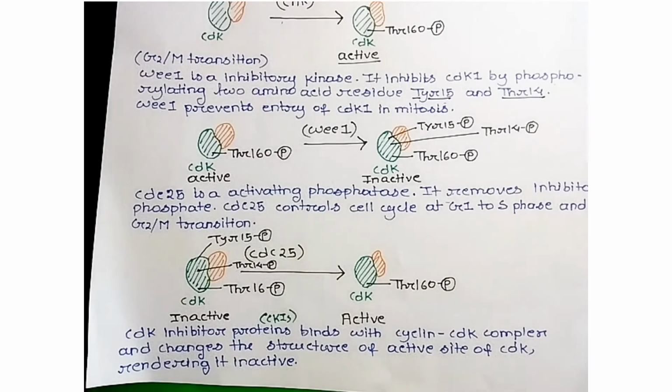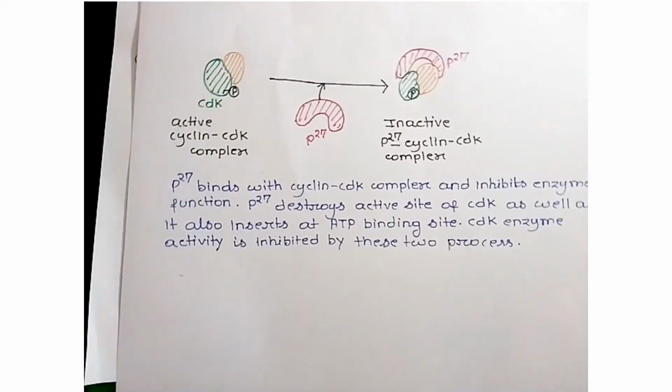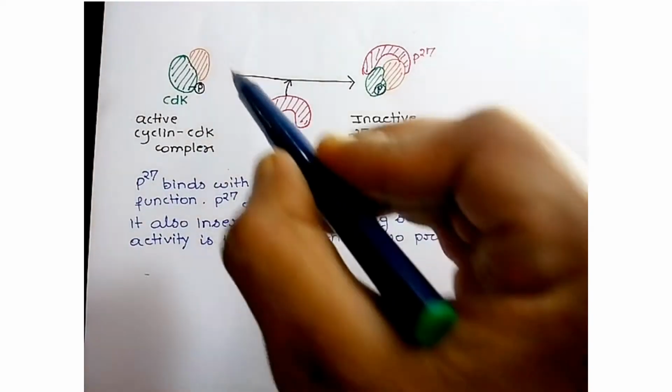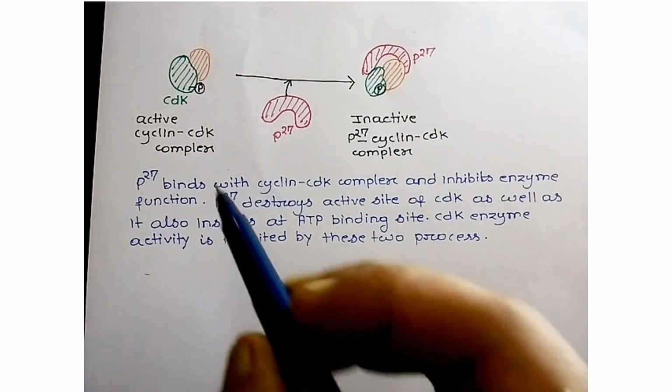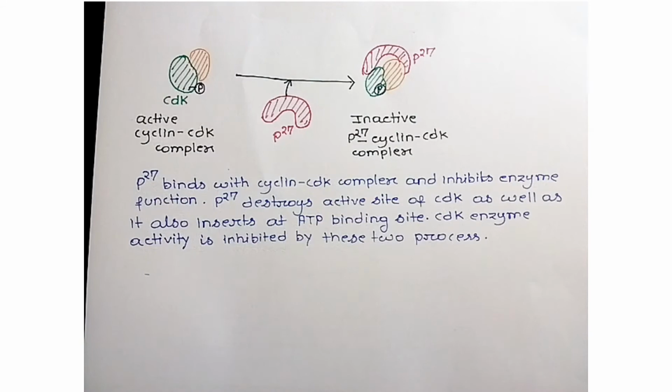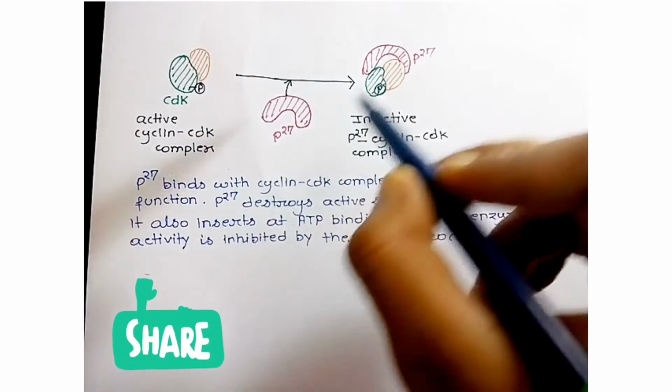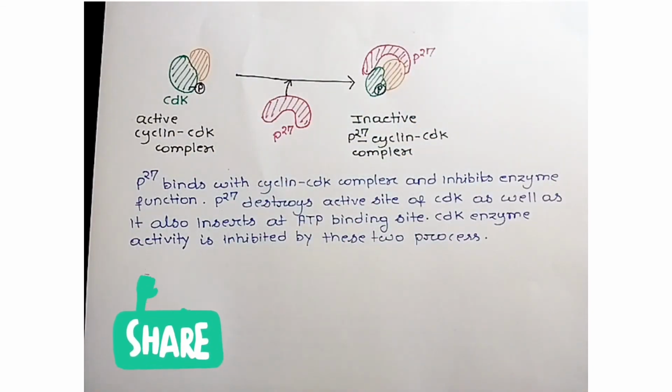So here is the diagram by which you can easily understand. This is a cyclin CDK complex, the active cyclin CDK complex. As you can see, P27 and P21 are examples of CKI. So P27 binds with the cyclin CDK complex.